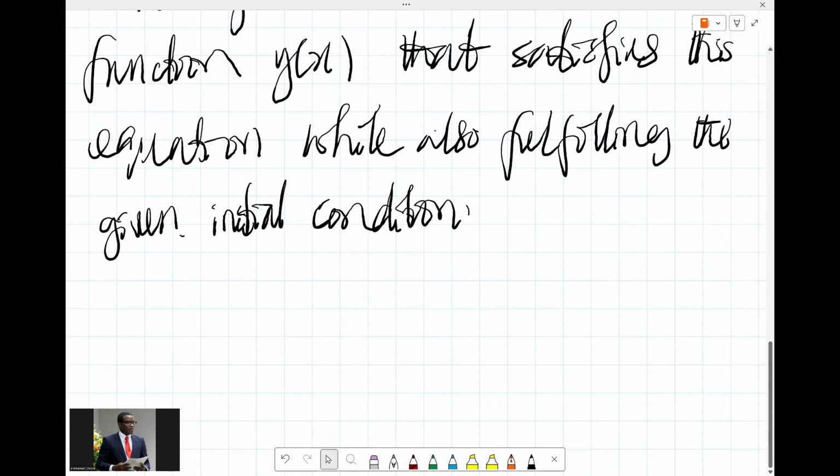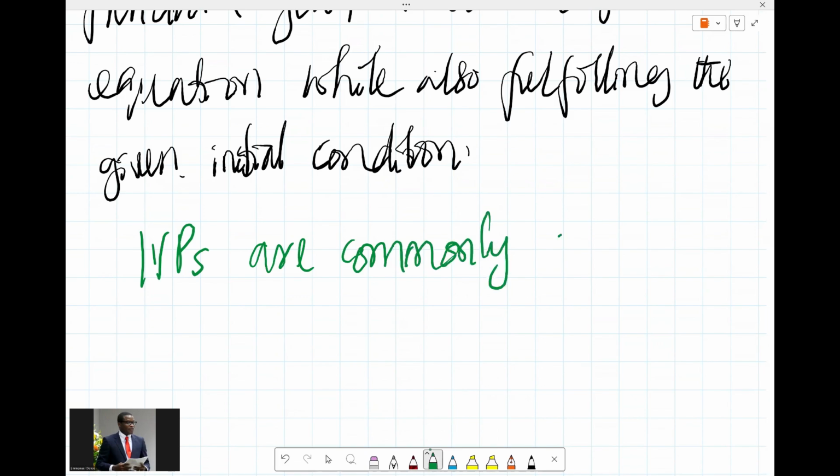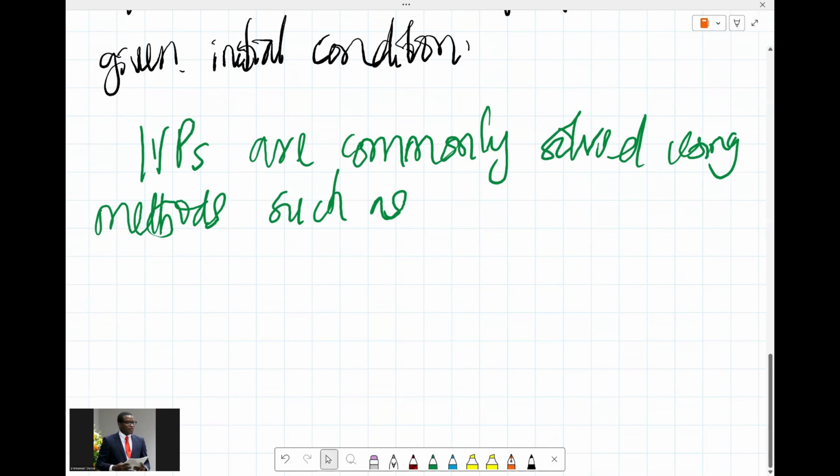So IVPs, initial value problems, are commonly solved using methods such as, okay, I like to list these ones, separation of variables.